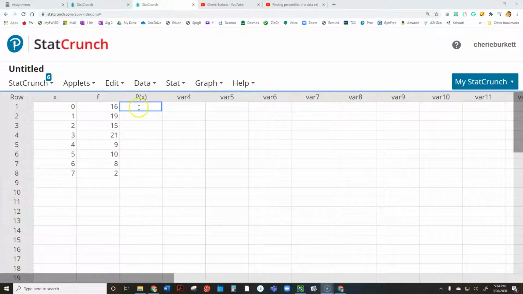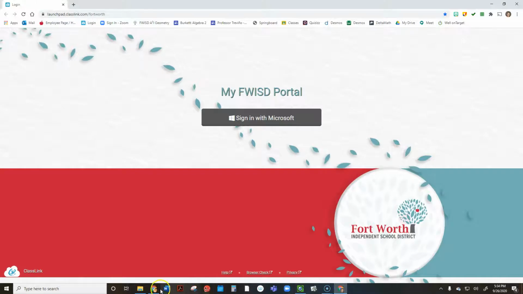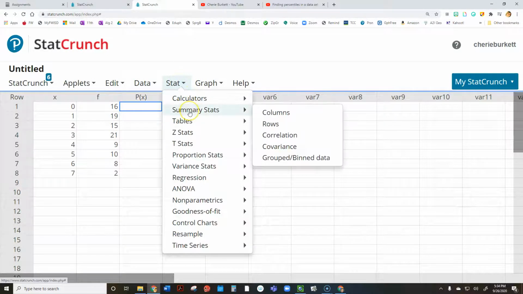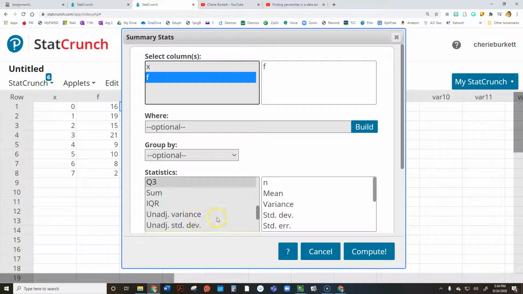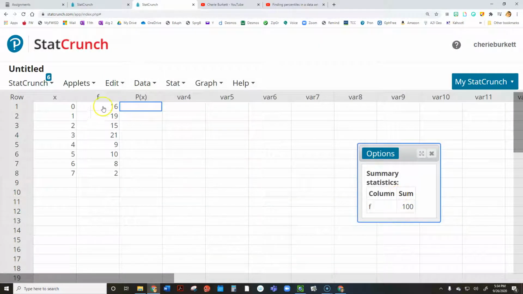So I'm just going to use my calculator to turn those into decimals. Now I can't remember where I was. Did I find the sum of the frequencies already? Compute, that was 100. So it's 16 divided by 100.